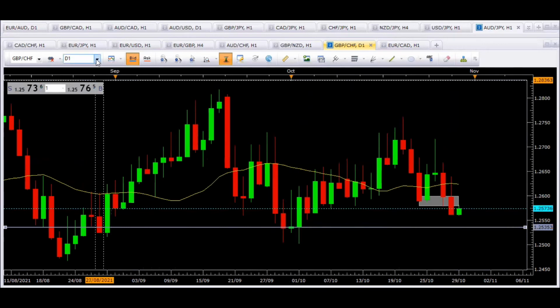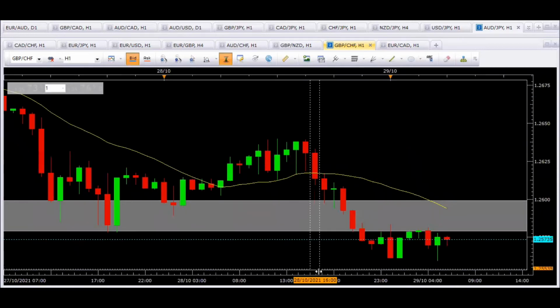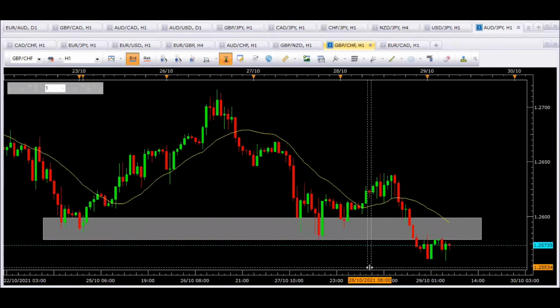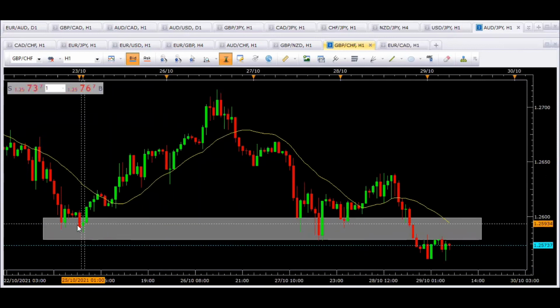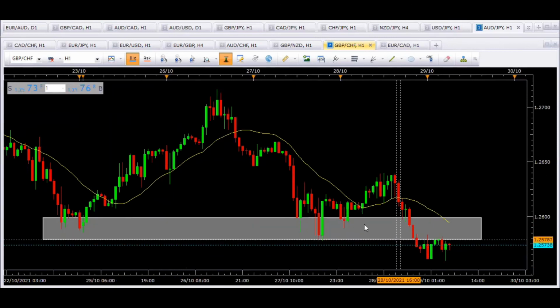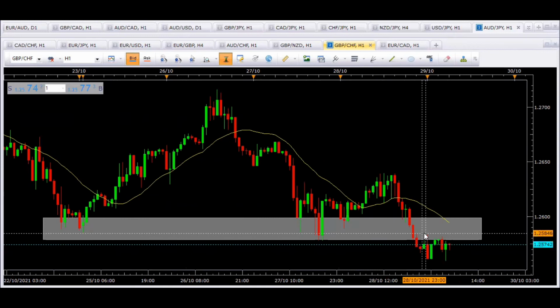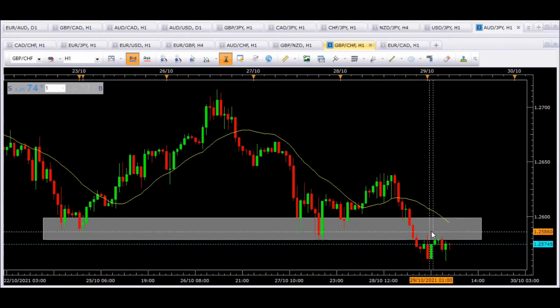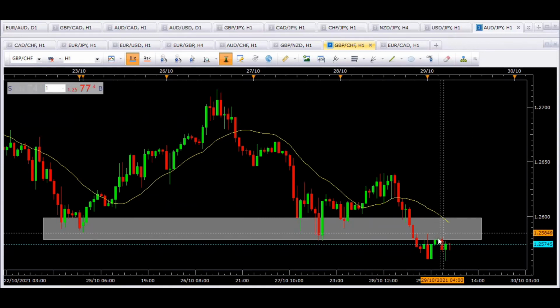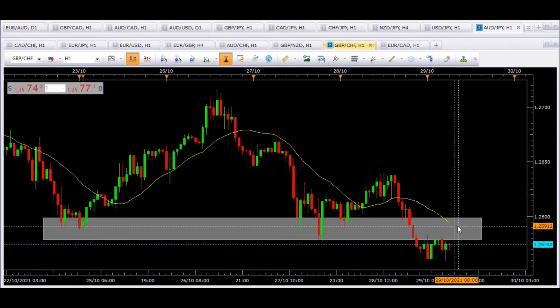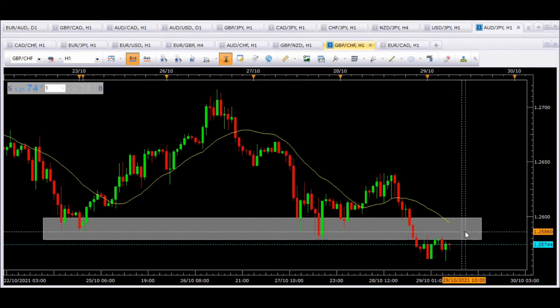Let's have a look at how I'm going to execute on the hourly chart. So this is the grey area of resistance I'm seeing. As always, guys, I'm looking for price to retrace into this grey area. Then I'm looking for a large bearish candlestick pattern to form.